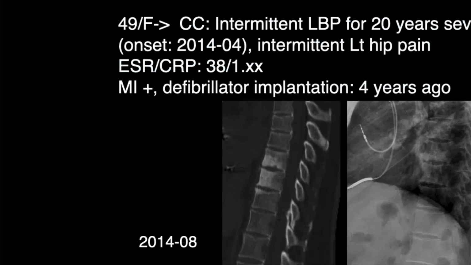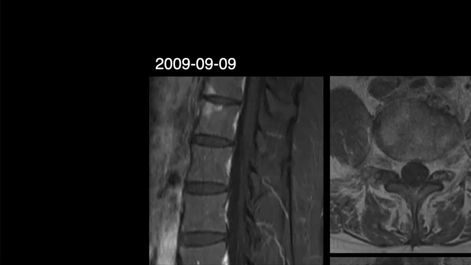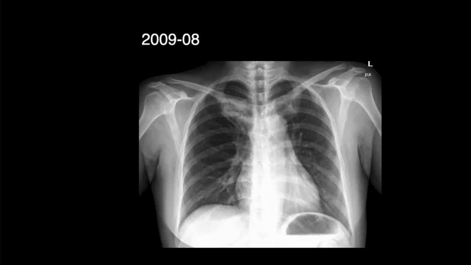So we see a few levels on this sagittal CT of sclerotic changes, indefinite bony remodeling at those levels as well. And some signal inhomogeneity, some fat replacement here, maybe contrast enhancement, but we don't know since we don't have a T1 fat suppressed pre. We see the sclerotic changes on X-ray.